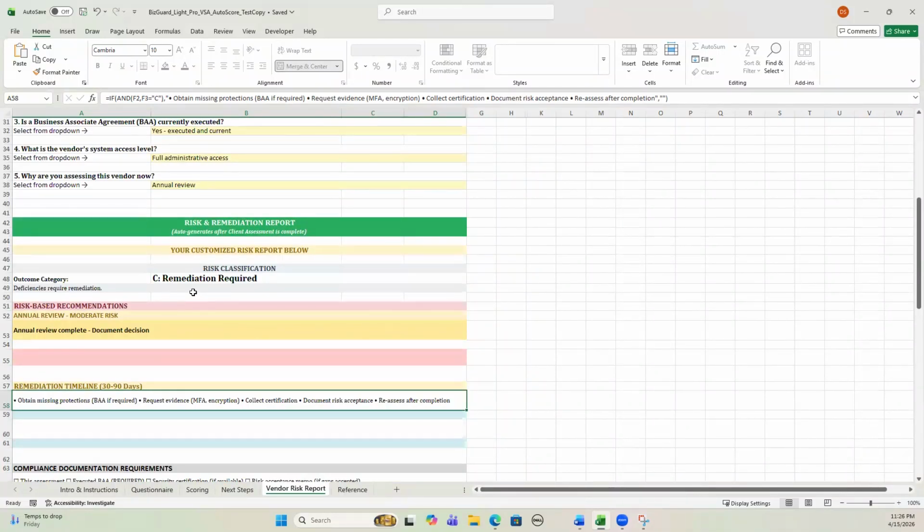So the recommendation is annual review complete, deficiencies require remediation, and address within 30 to 90 days, then reassess. That is my decision. It is documented, and I could defend it to anyone who asks: auditors, clients, or leadership. Okay?